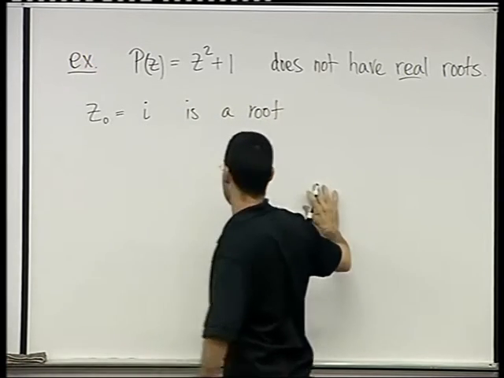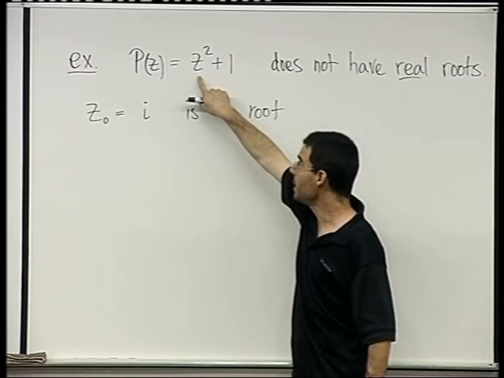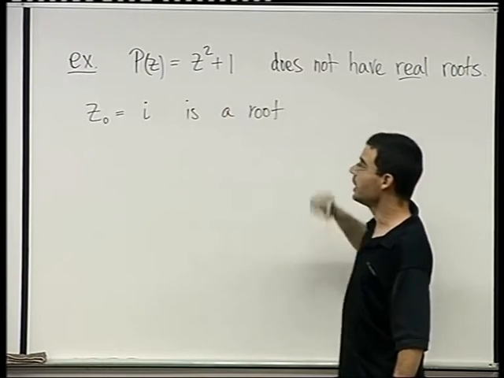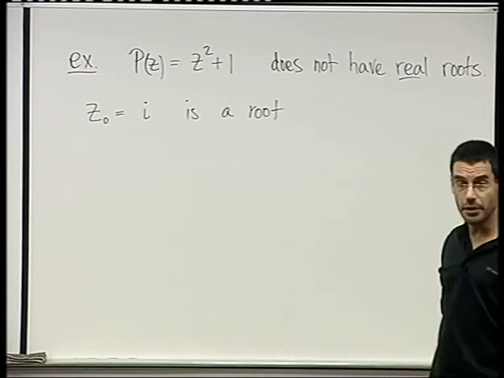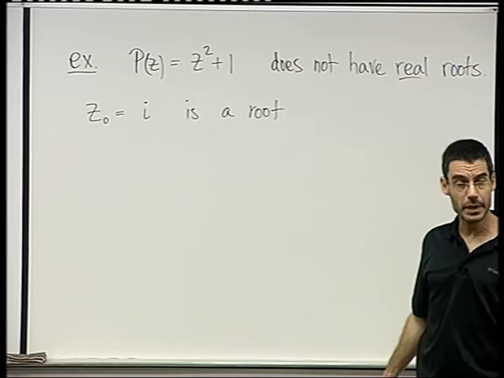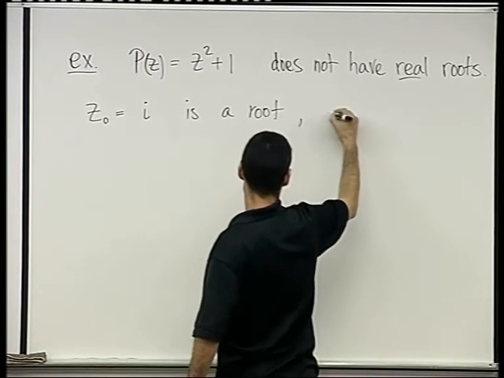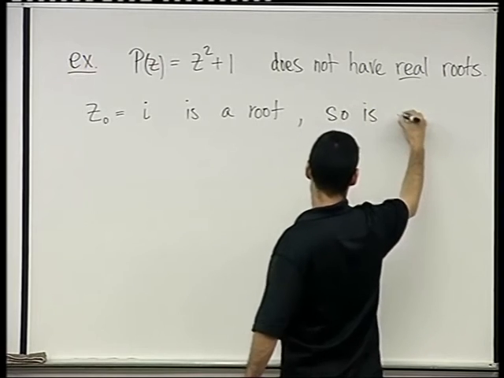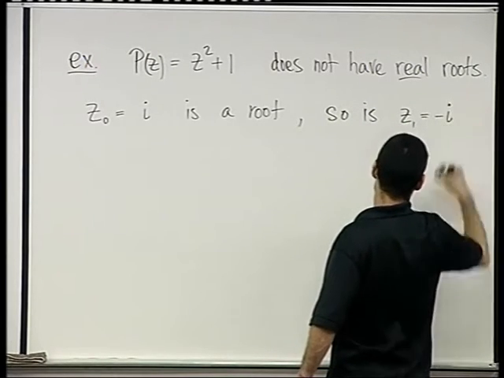That's how i came to the world, right? So i squared is negative 1, and therefore negative 1 plus 1 is 0. So z0 equals i is a root. Are there any other roots, by the way? Very good. Negative i, let's call it z1 equals negative i.